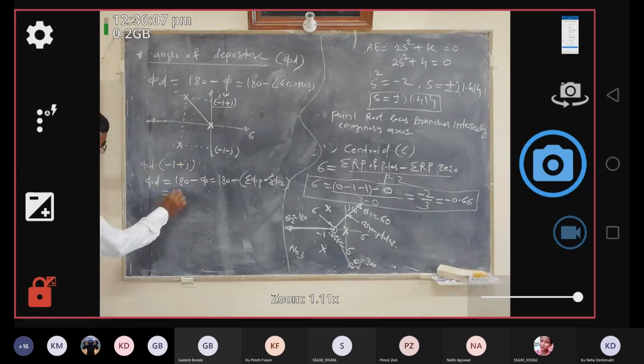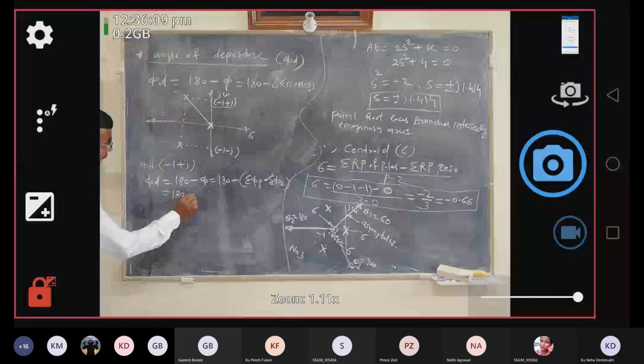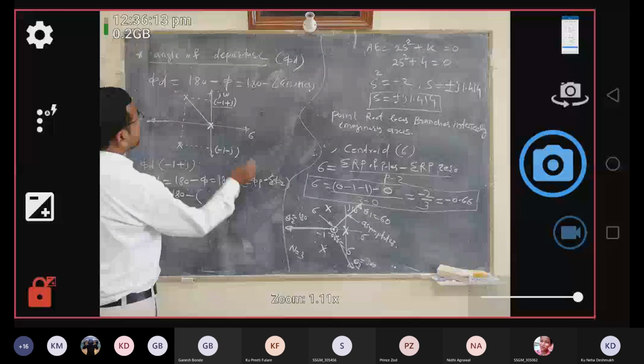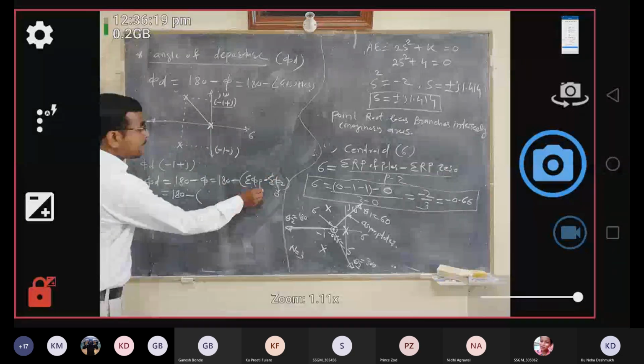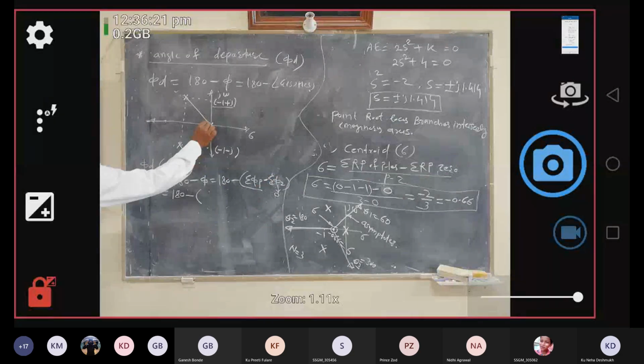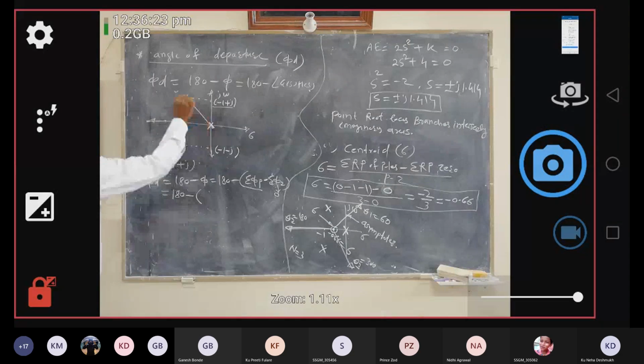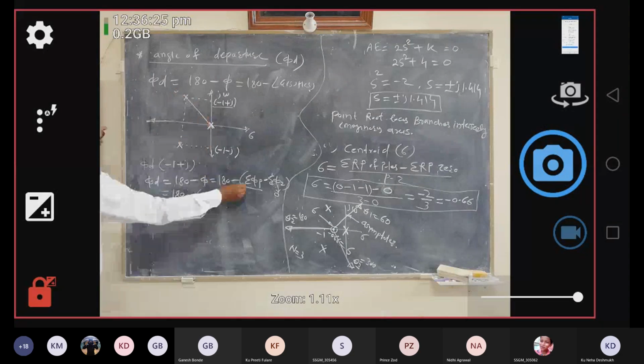Okay, so therefore, how to determine this phi value 180 minus अभी summation of phi p, यहाँ पर जीरो है नहीं, that means ये पार्ट में ये टर्म जीरो आ जाएगा. तो समेशन ऑफ phi p हमें डिटरमाइन करना है. तो ये एक ही पोल है, ये पोल के वजह से इसके ऊपर कितना एंगल कंट्रीब्यूट हो रहा है, सो दैट वी हैव टू डिटरमाइन.